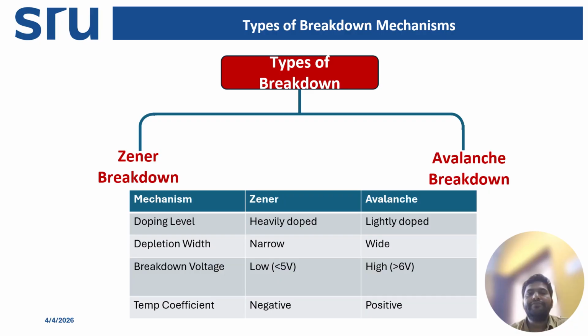This strong field pulls electrons directly from the valence band to the conduction band. This process is called quantum tunneling. As a result, a sudden large reverse current flows and breakdown occurs at low voltage. Zener breakdown usually occurs at voltage less than about 5 to 6 volts. This type of breakdown is controlled and is used in Zener diodes as voltage regulators.